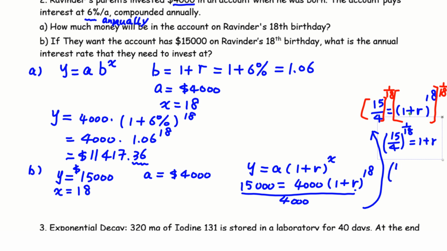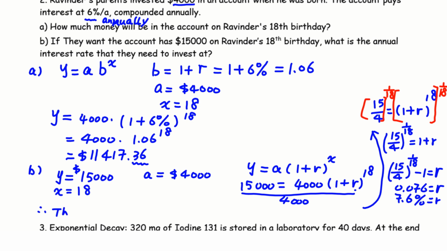So we have 15 over 4 to the exponent 1 over 18 minus 1 equals the interest rate. Get your calculator out, you will find it is 0.076 equals r. Write it as a percentage, times 100, is 7.6% equals r.